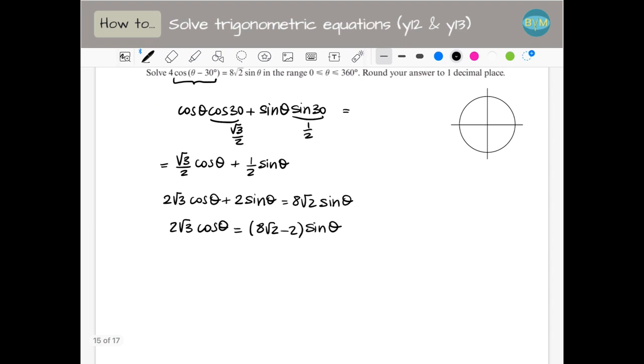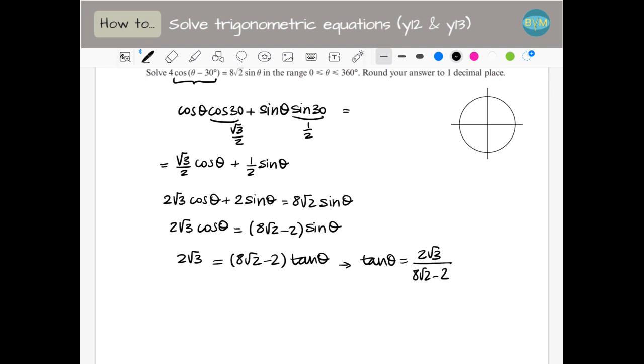And I have sine and cos, so what I'm going to do is divide by cos to have tan. If I divide everything by cos, I have 2 root 3 is 8 root 2 minus 2 tan theta. Therefore, tan theta is 2 root 3 divided by 8 root 2 minus 2.